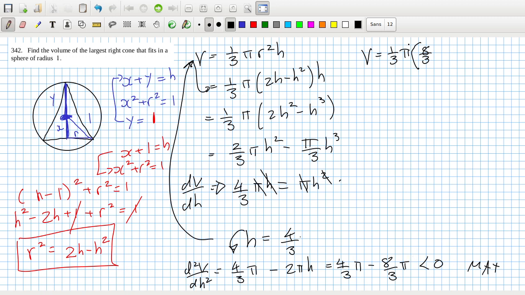So that's better. Okay, so that's good. And then 8/3 minus 16/9 times 4/3 times 1/3. So that volume is 32/81 pi.